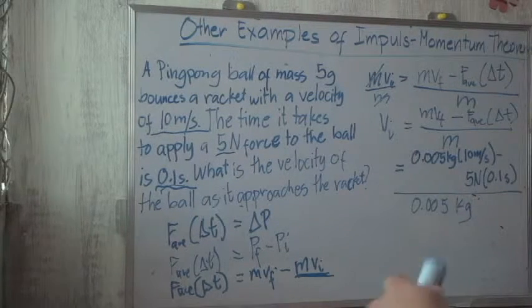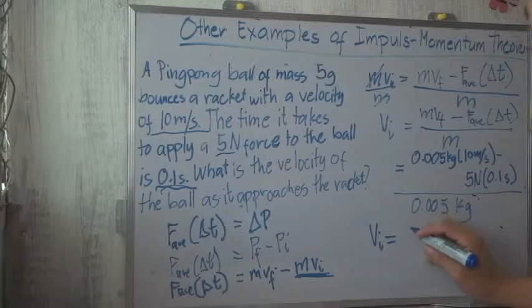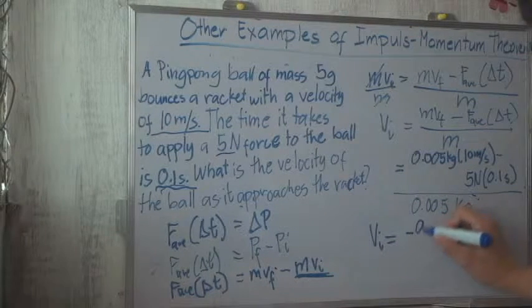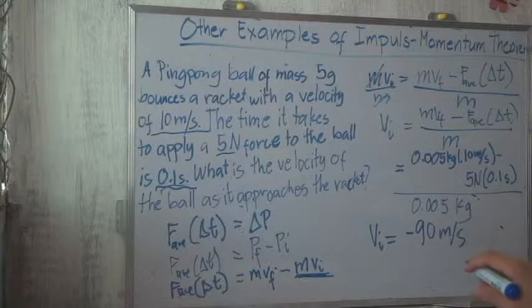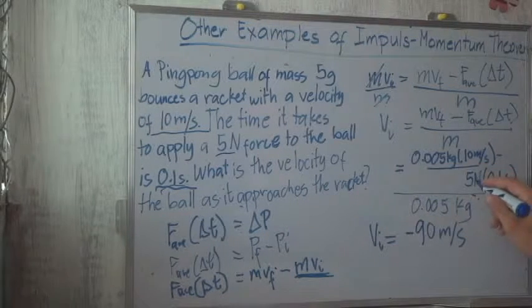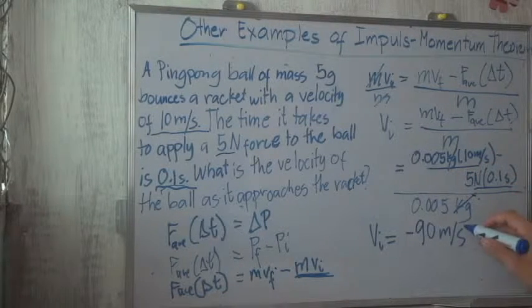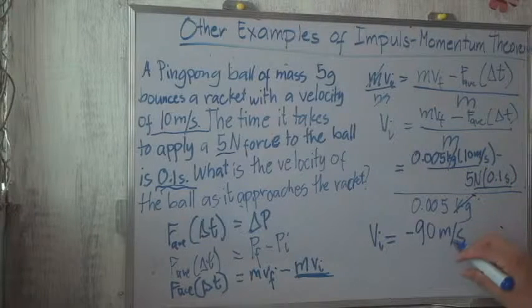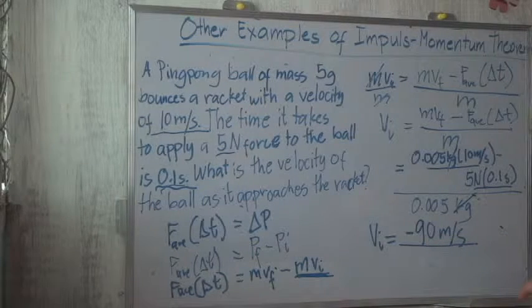So natay, makuha na nato ang velocity initial karon sa atong ping-pong ball nga negative 90 meter per second. So makancel man niyang, so kani nga unit kilogram meter per second ug newton second pareha ra sila. So makancel ang kilogram, ang mabilin na lang is meter per second. So atong velocity karon is negative 90 meter per second.